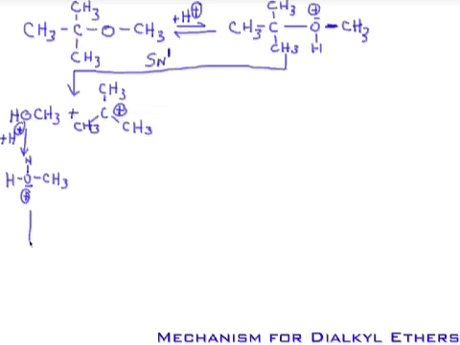And then I minus could attack. This would be SN2, backside attack. That could be methyl iodide. The carbocation could be attacked by I minus.